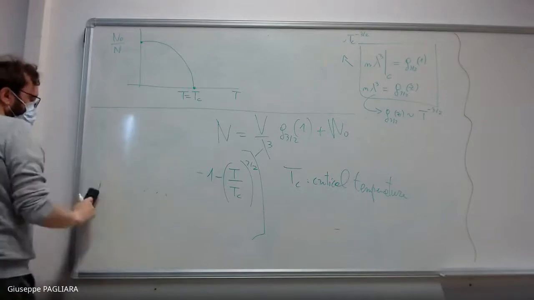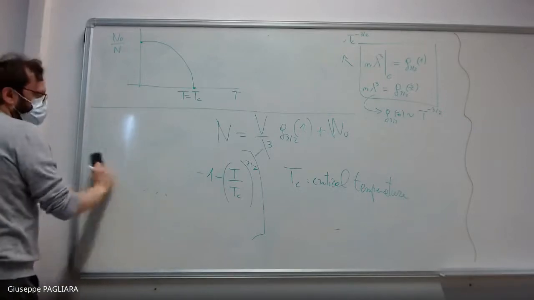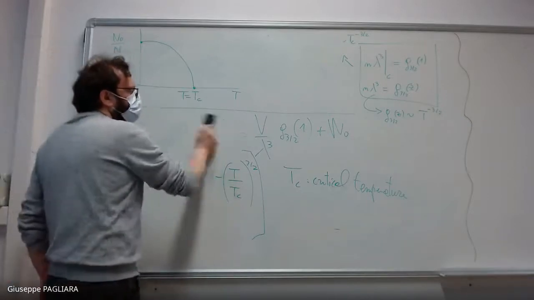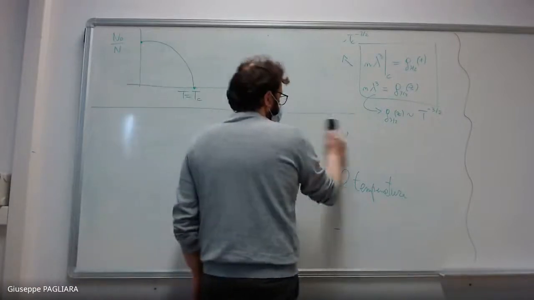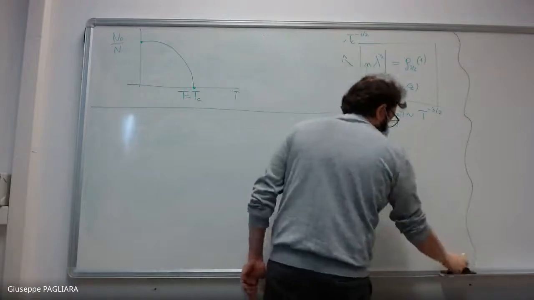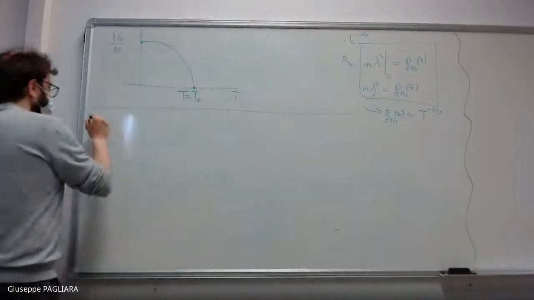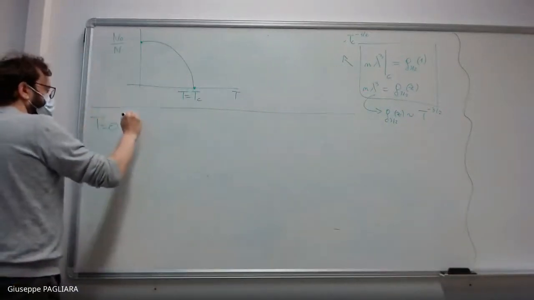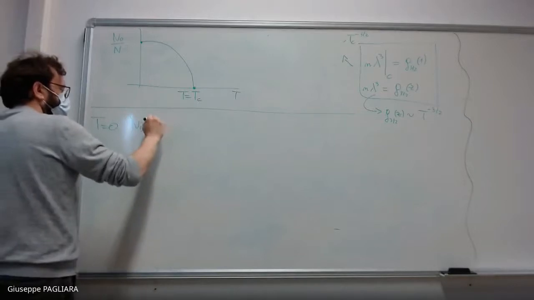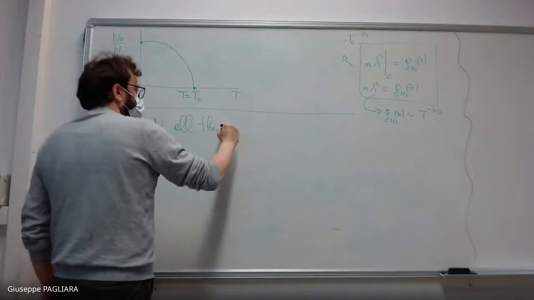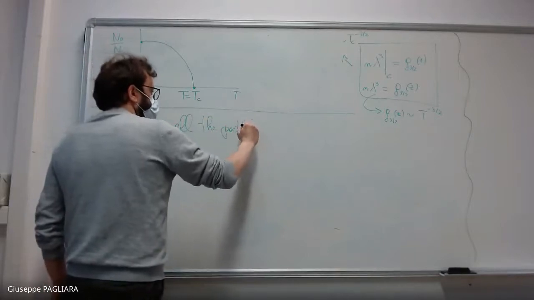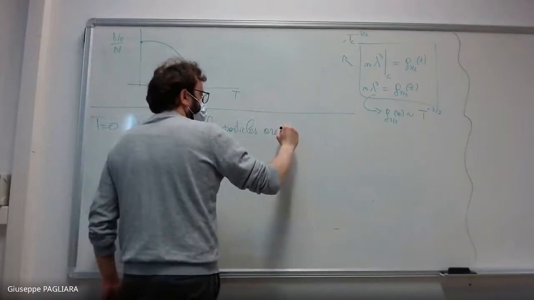Because in that case, n, which is the total number of particles, is equal to n0, which is the number of particles in the ground state. All the particles are in the ground state.